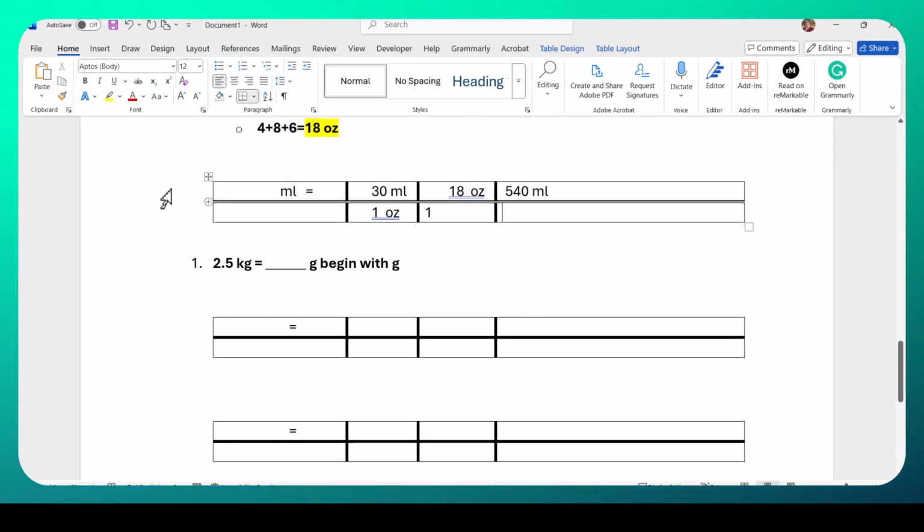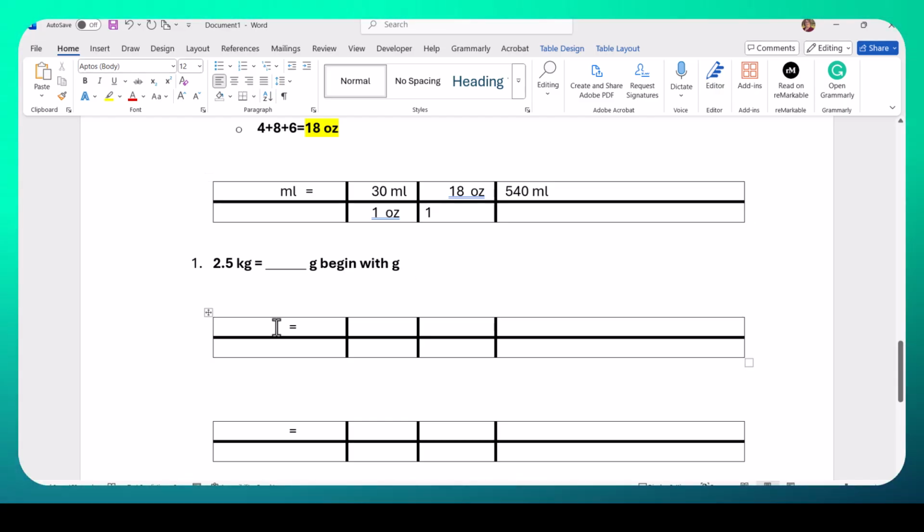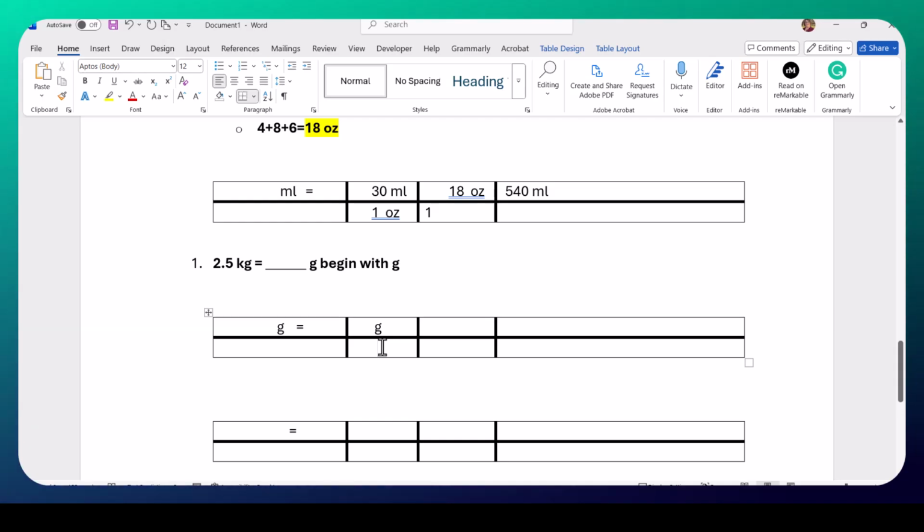All right, the next one is kilograms to grams. So they want to put 2.5 kilograms into grams. Where they're asking for grams, grams equals grams. Now it's kilograms, so kilograms will have to go on the bottom. I have to go back to a conversion factor.